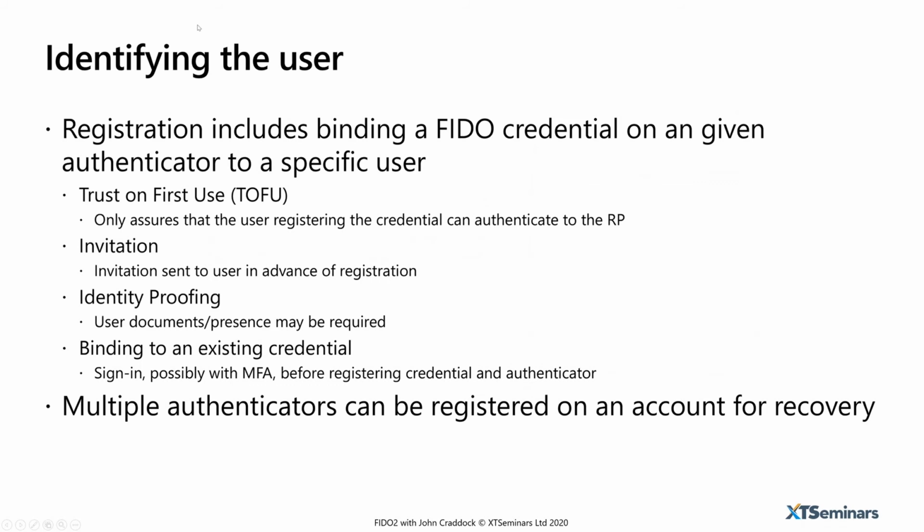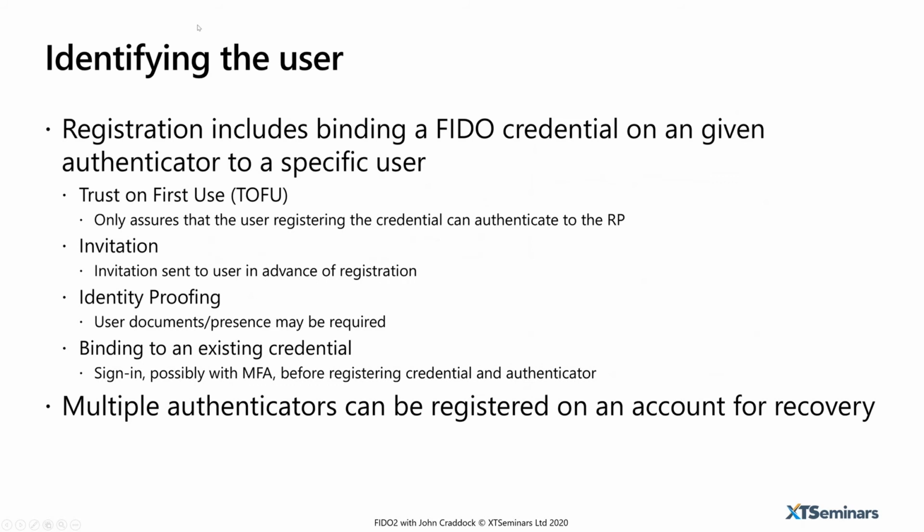But we could go through an invitation process. So I could send you an invitation with a code in it. And when you come to register, you supply that code. And that code could be sent via email. It could be sent via post, so it actually checks your actual address as well.